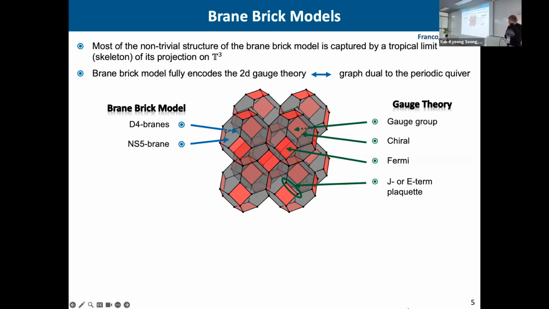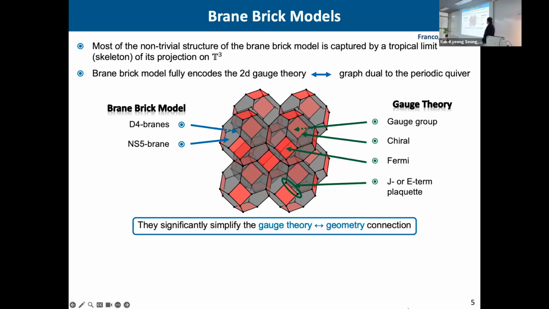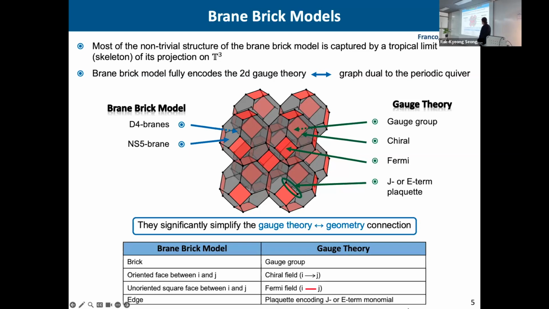There are some basic properties that you have to satisfy that ensure that you satisfy all the consistency conditions of the 2-dimensional (0,2) theories in a nice way, but I won't go into it. As I said, these things simplify the connection between geometry and gauge theory. I said that you only appreciate this after suffering through it. And here I summarize the same dictionary that I just described for you.